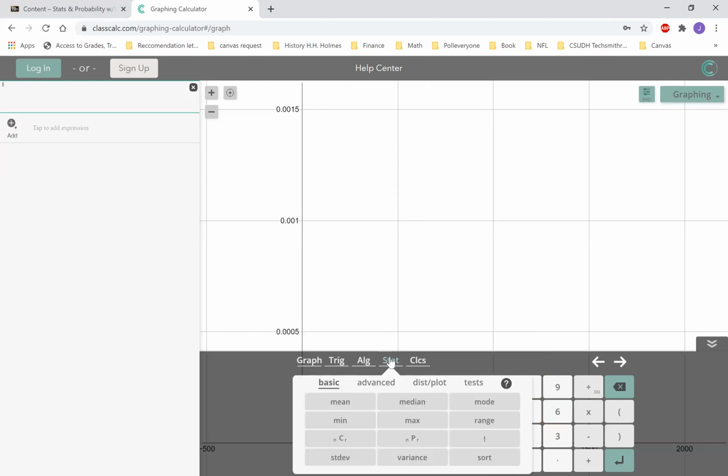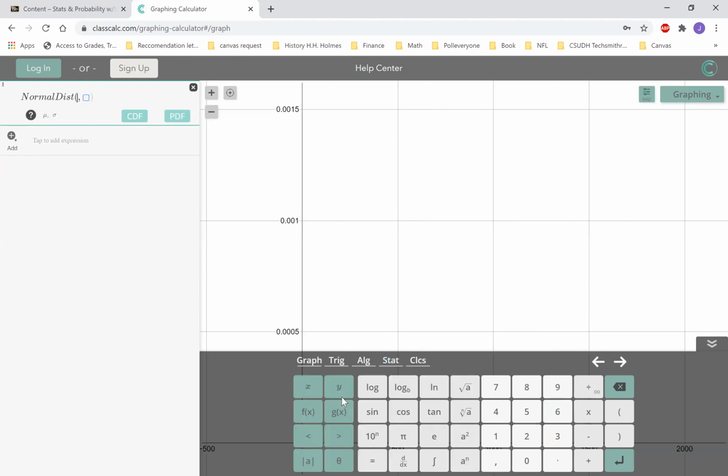So you go to stats, you go to distribution, you go to normal distribution, you say the mean is 32, the standard deviation is 0.067, and we go to CDF. For CDF, you put the lower bound as 31, and my upper bound is going to be 33.